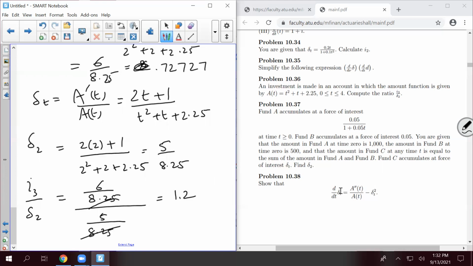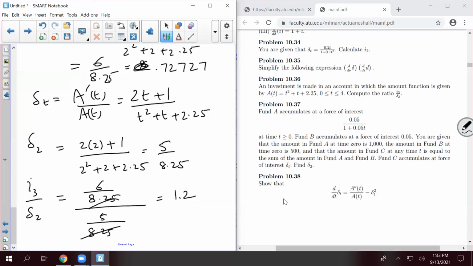Okay. So that finishes force of interest, and I think now we are good experts at it. Let's go to the next section. What does it say in the syllabus?